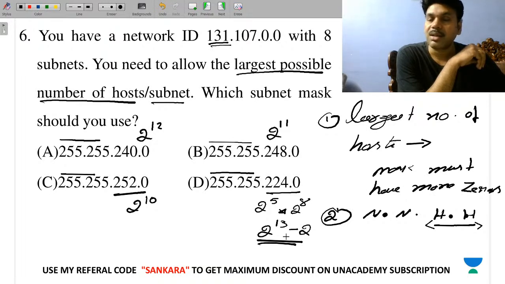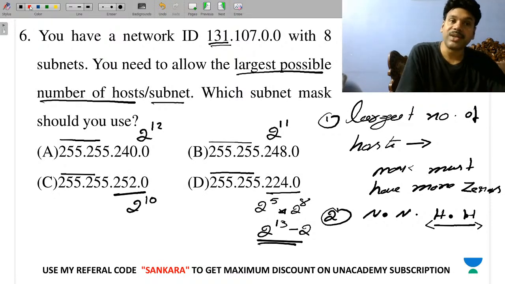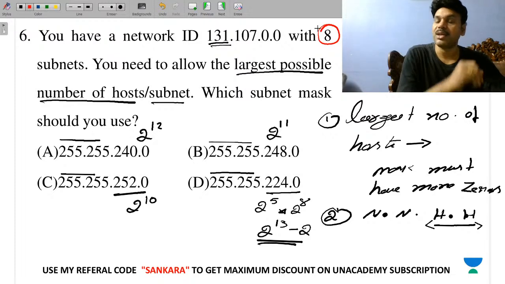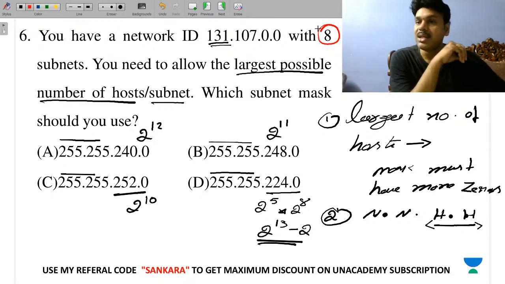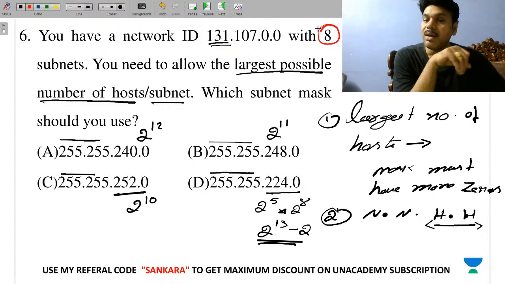So I can confirm it is going to give you 2 power 13 host IDs, but provided that you also satisfy this criteria. What is that? This is very important. 8 subnets I want. Whether option D is giving you 8 subnets with 2 power 13 host IDs.